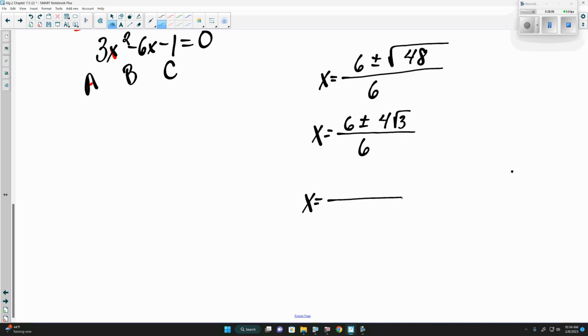Four square root of 3 and 6 have a greatest common factor of what? 2, yes? So one way we can think of this with reducing, we can factor it out. 2 factored out of 6 is 3. 6 divided by 2 is 3. 4 divided by 2 is 2.